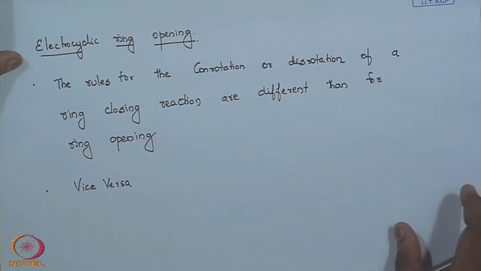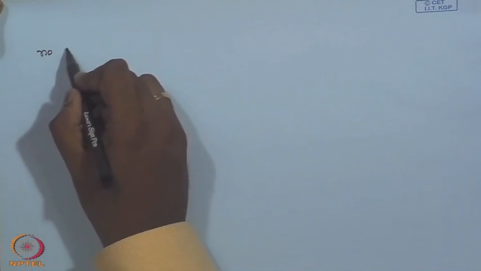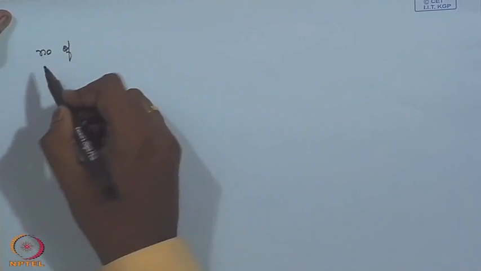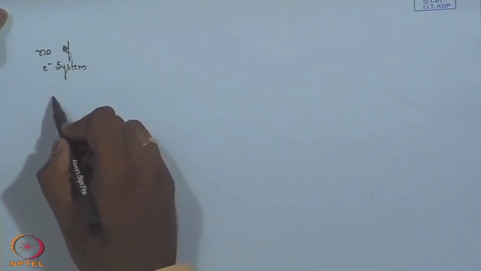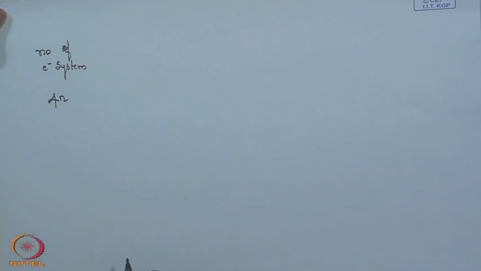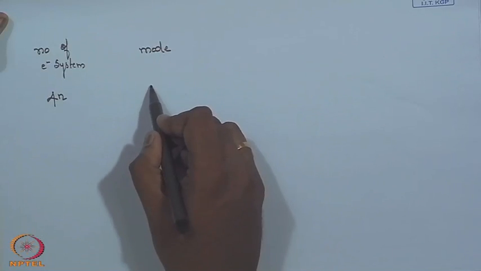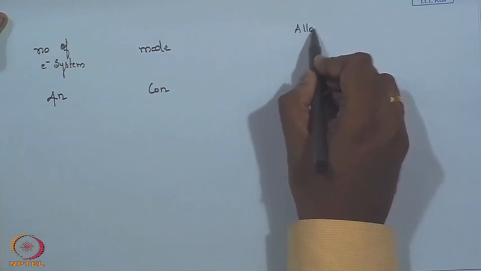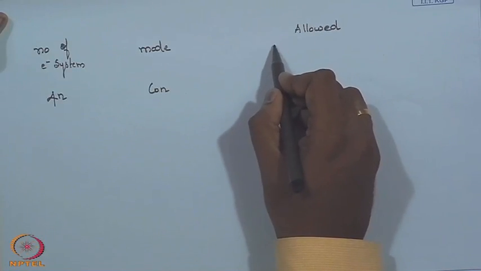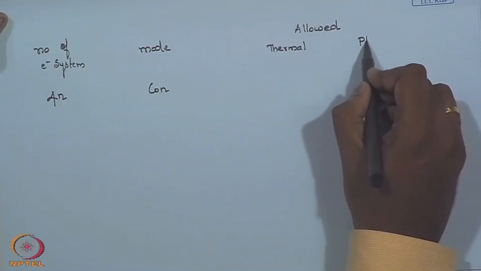So, if I have a ring opening system and I am counting the electron system with respect to pi, for a 4n system the mode con is allowed in thermal and photolysis.